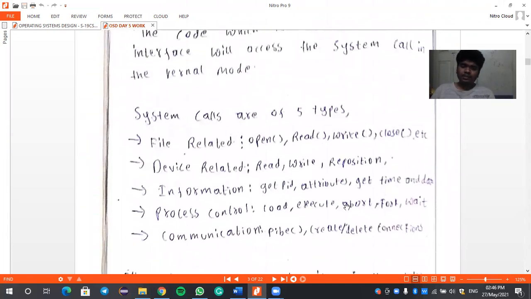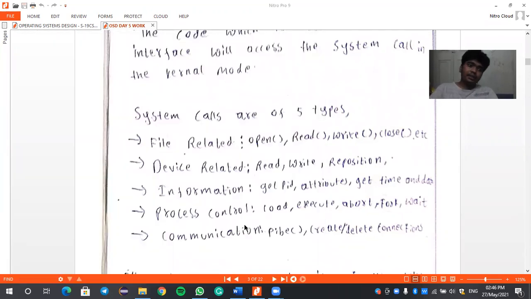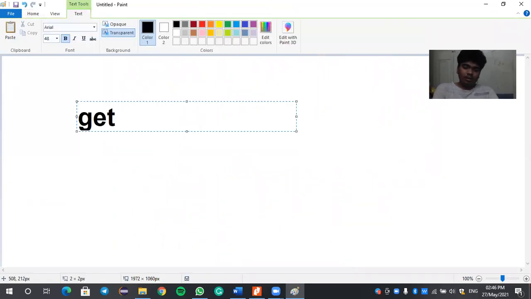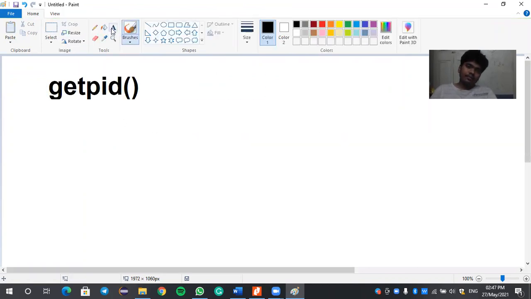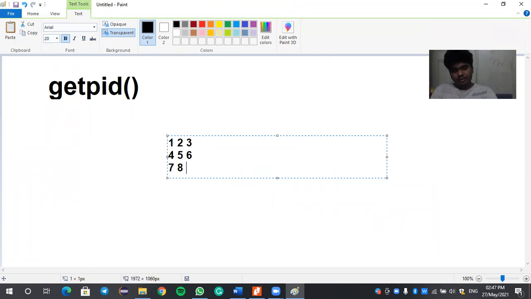As I said before, I will deal with get PID. Get PID is the only function which can be confusing, but it is not so big. Let me get into Paint. Suppose we consider a class of 10 people, numbered 1, 2, 3, 4, 5, 6, 7, 8, 9.